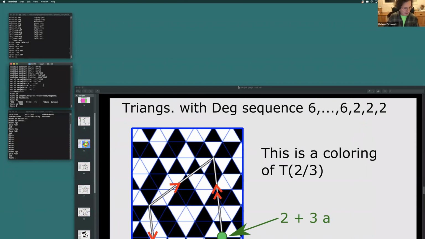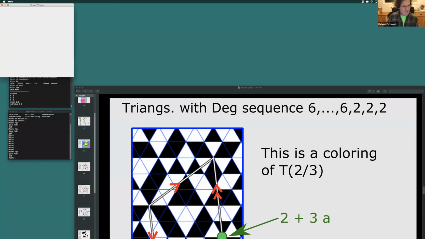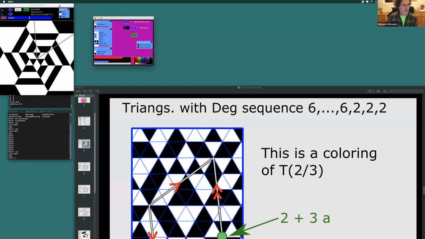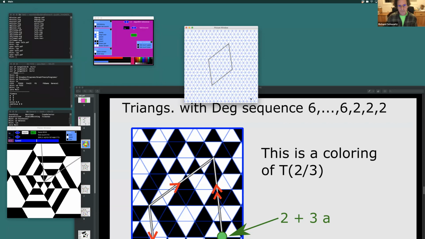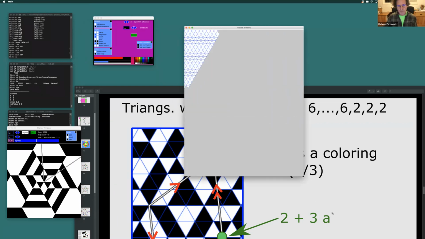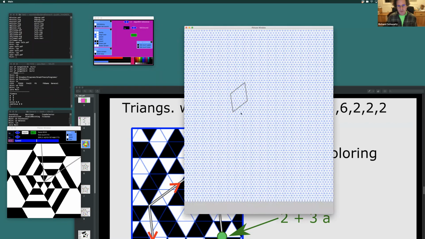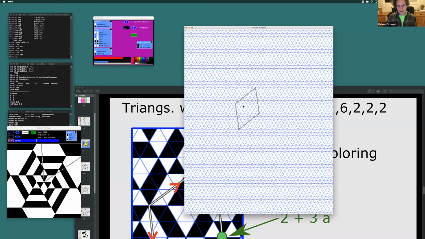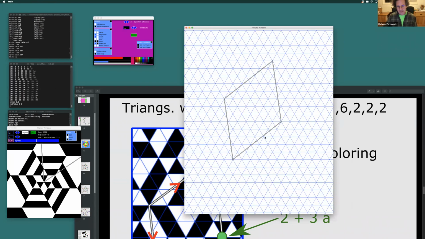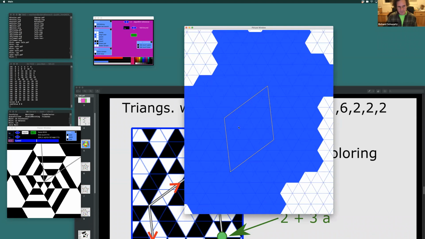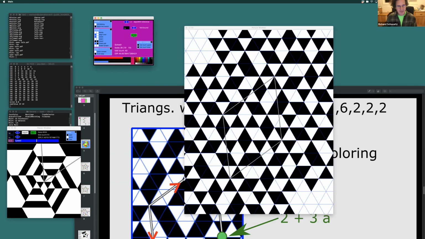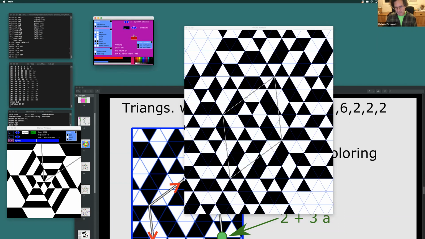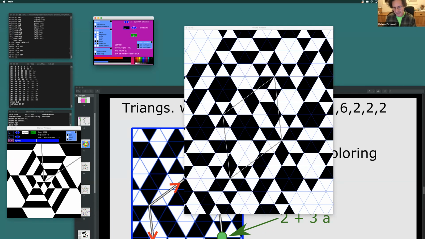So maybe I'll show some pictures. That's an example, maybe this is the 2, 3 case, and when I'm pushing the button, the computer is finding these solutions.